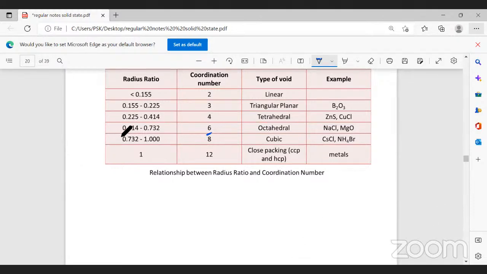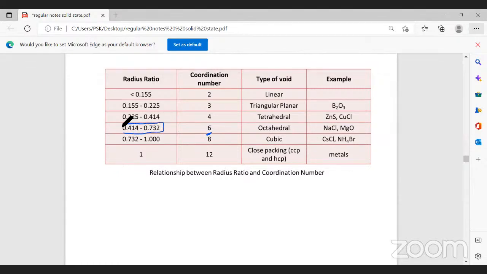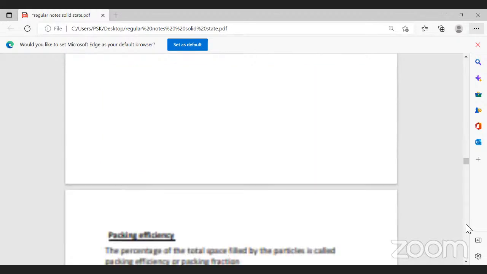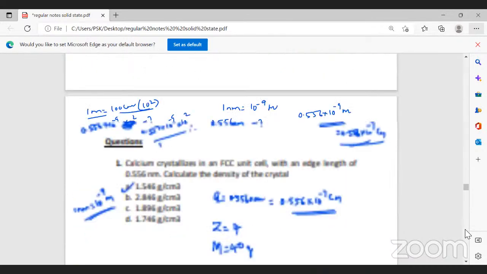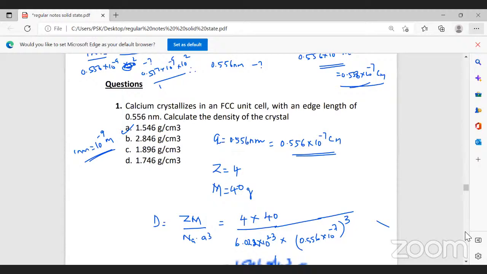If the radius ratio falls in this range, then the coordination number is 6 and the structure of the solid is octahedral.